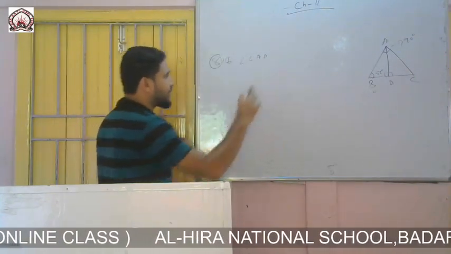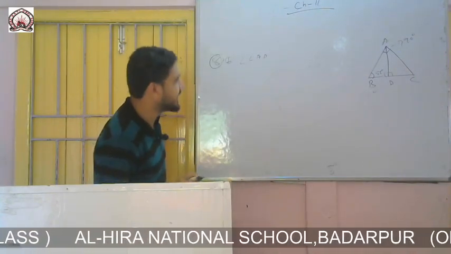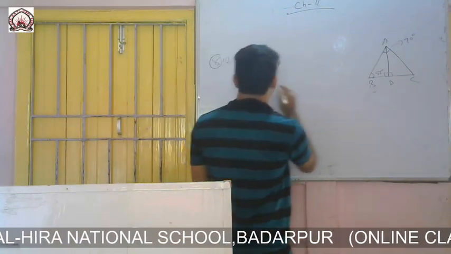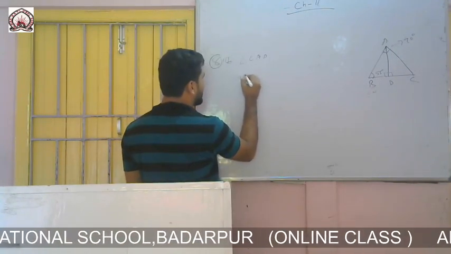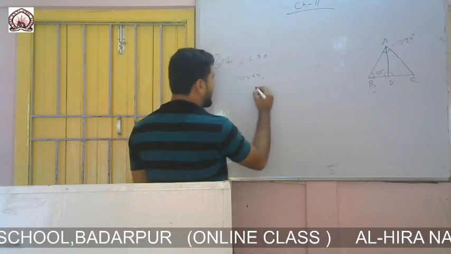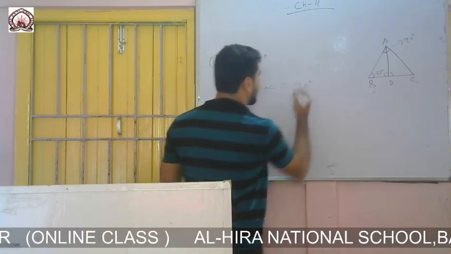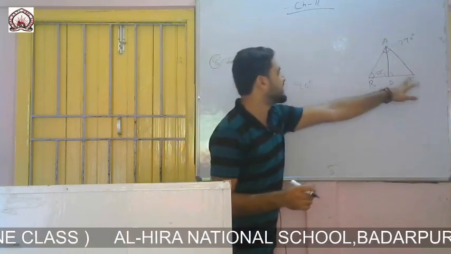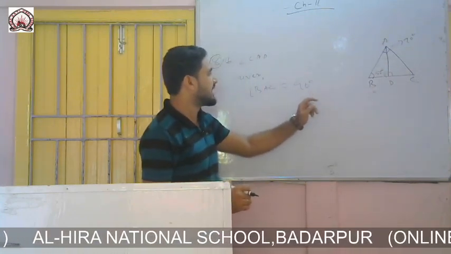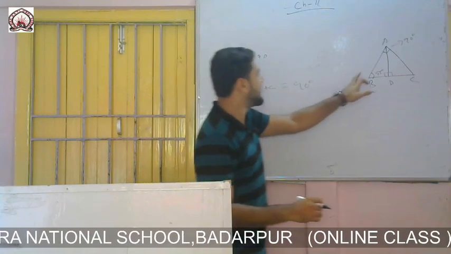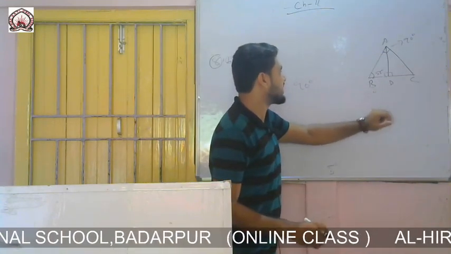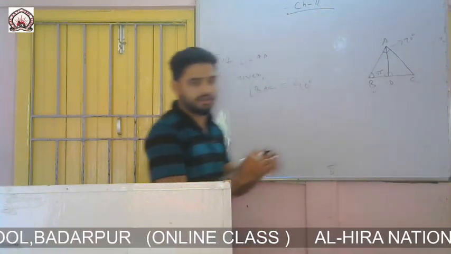Okay. So from this we can find CAD. You see, given angle BAC equals to what? 90 degree. So if I break angle BAC, then I can find angle BAD plus angle CAD.